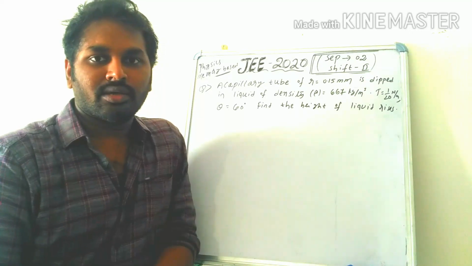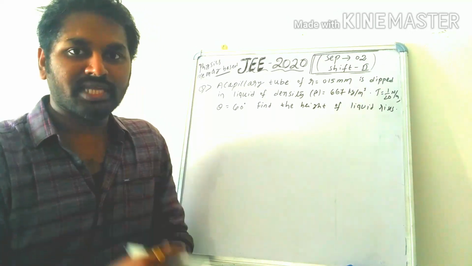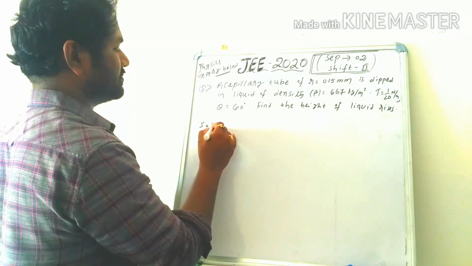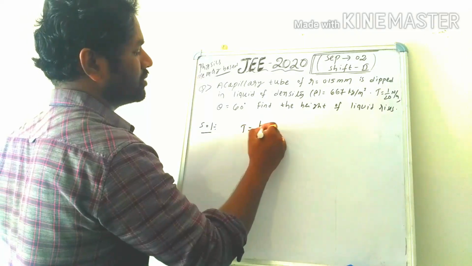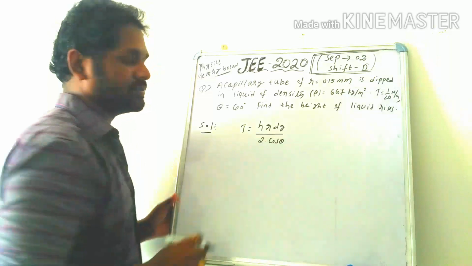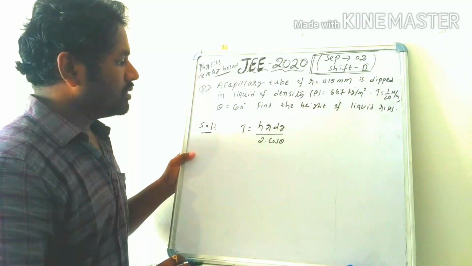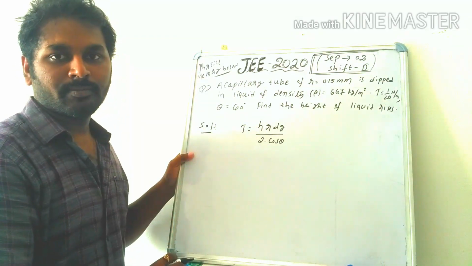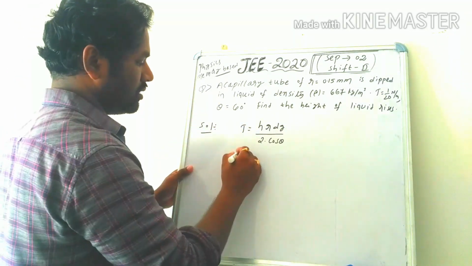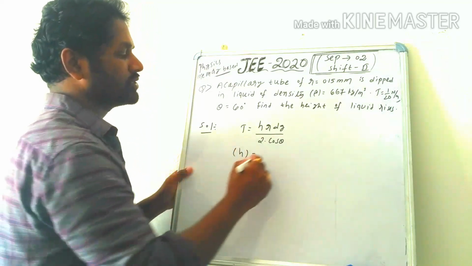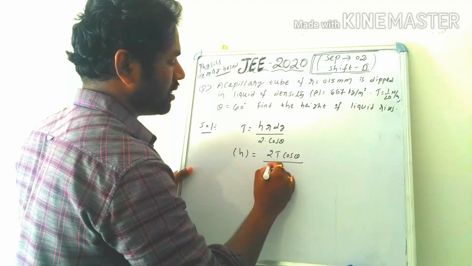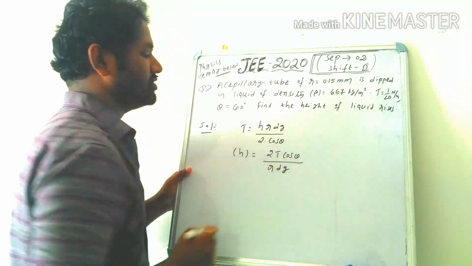We can get the answer by using the surface tension formula, which you can write as T is equal to h r d g by 2 into cos theta. From this we need to find the height of rise of the liquid, which means the h value. So we can write h is equal to 2T cos theta divided by r into d into g.